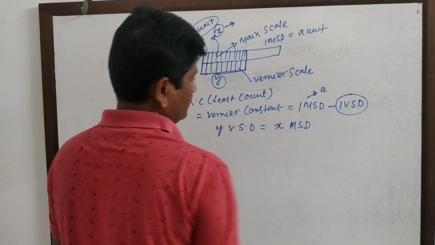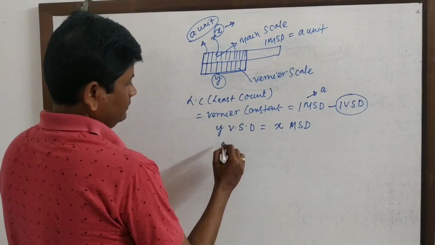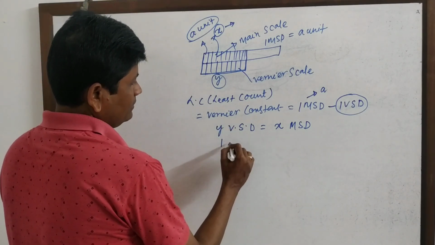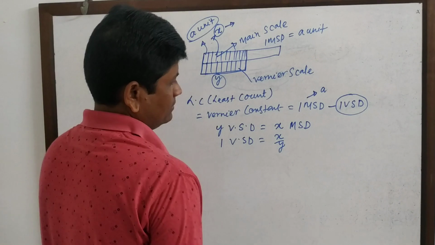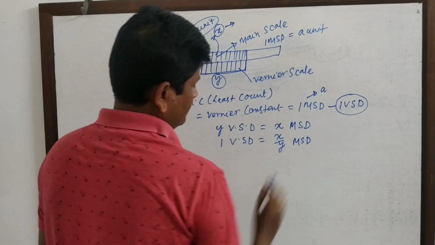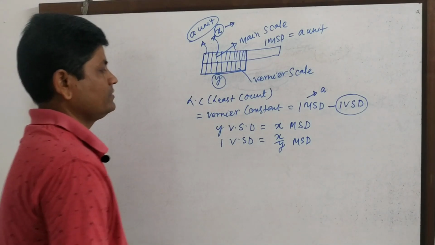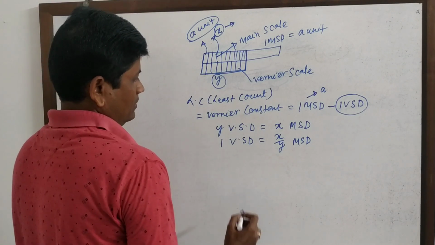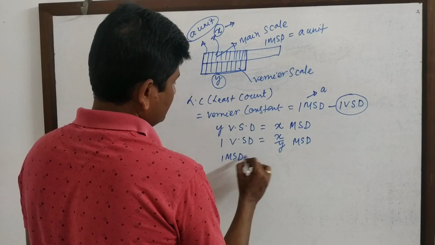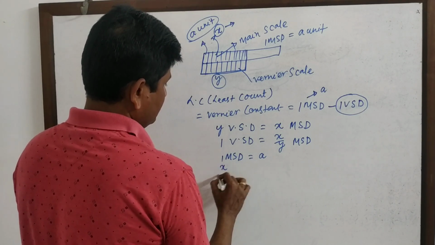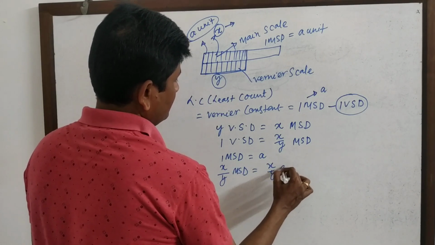Then the length of 1 VSD is equal to X by Y MSD. We know that 1 MSD is equal to A unit, then X by Y MSD is equal to X by Y into A unit.